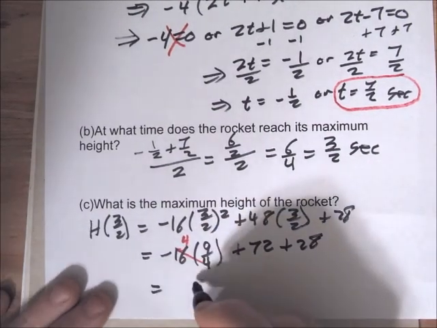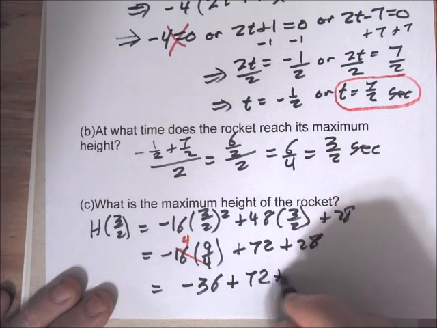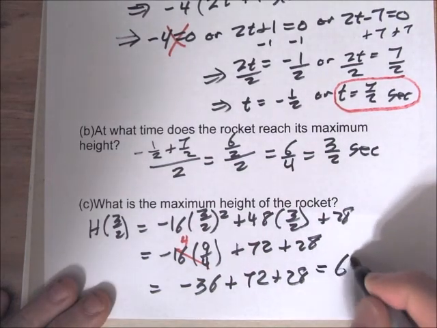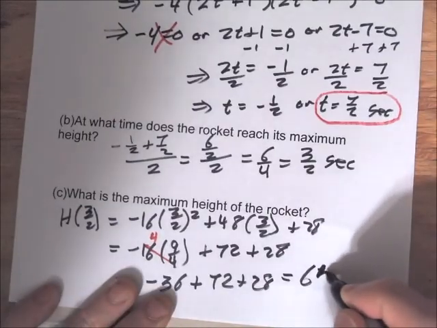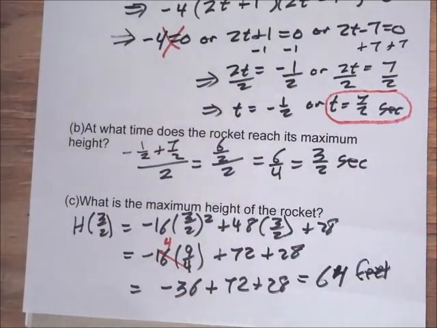So this will be -36 plus 72 plus 28, and that comes out to be 64 feet. Okay, so the maximum height is 64 feet.